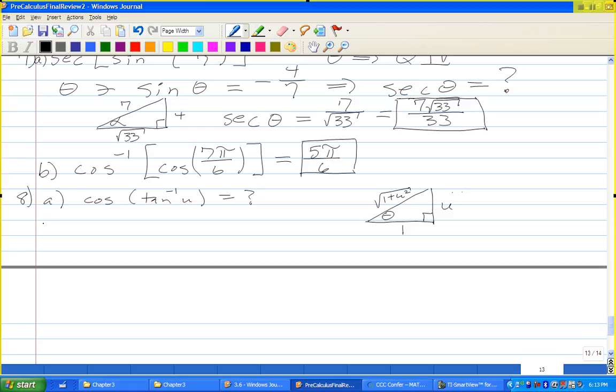So the cosine of tangent inverse u is 1 over rad 1 plus u squared. So it's adjacent over hypotenuse, which I guess I'll write as rad 1 plus u squared over 1 plus u squared. And that's your answer.